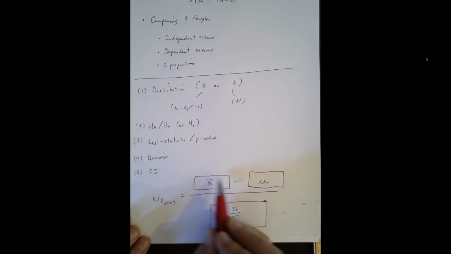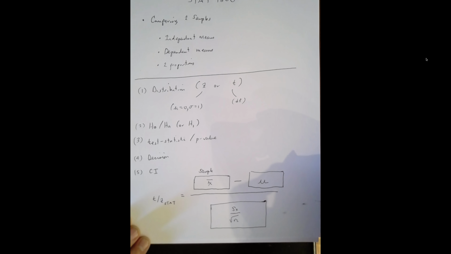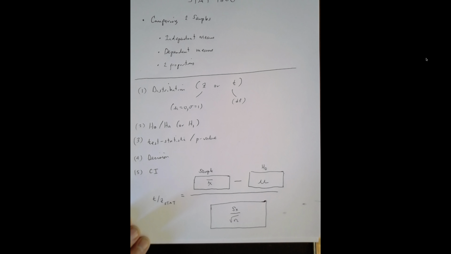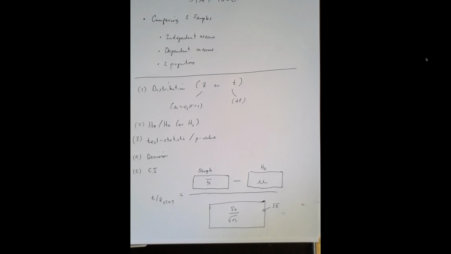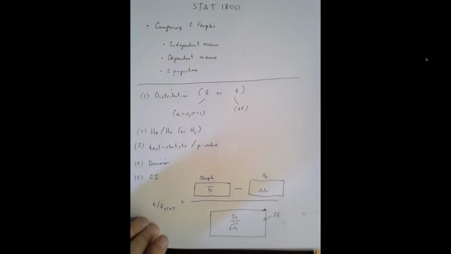So what goes in this first part is the sample statistic. This is the claim in H sub O, and this part right here is the standard error. Okay? Now, what does all this look like in an independent samples t-test?